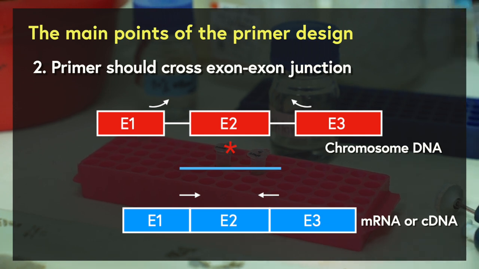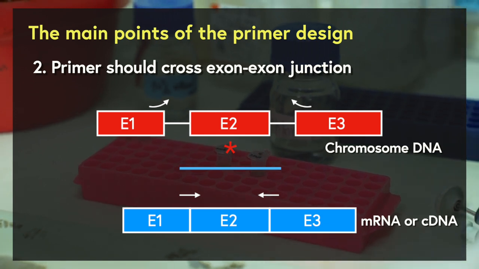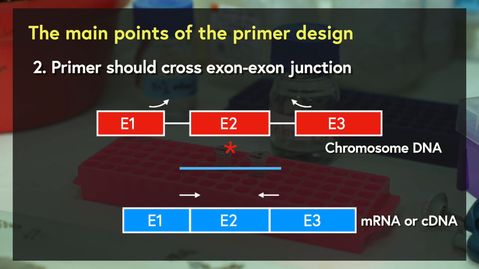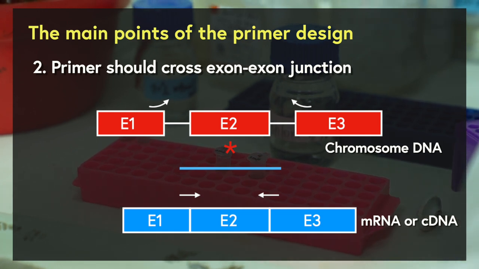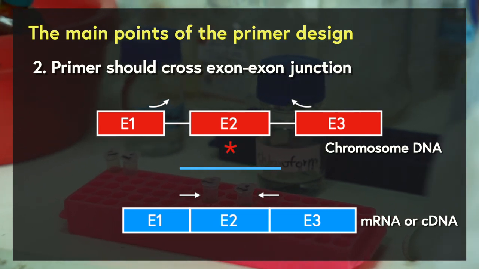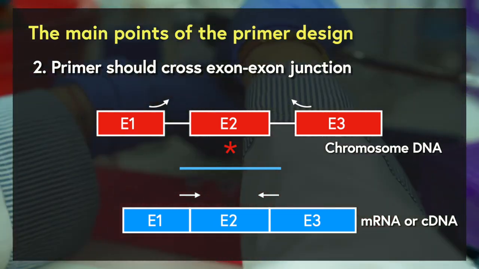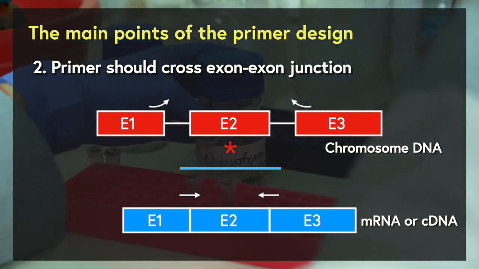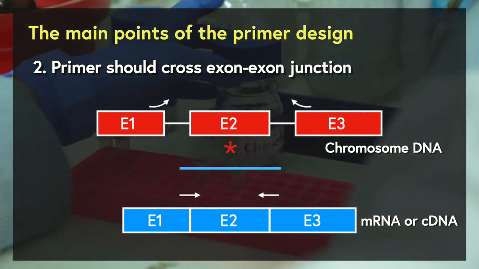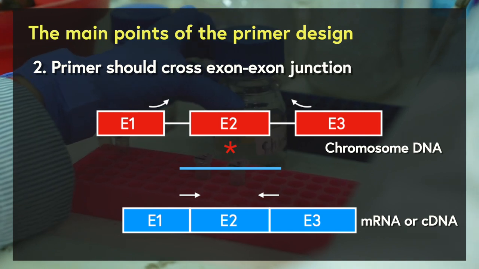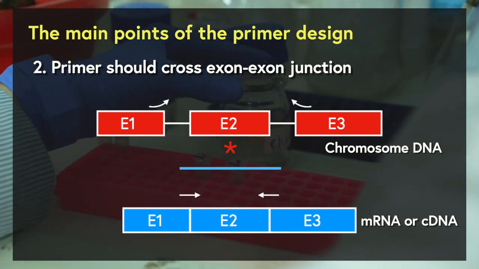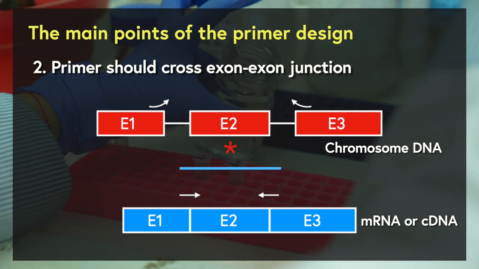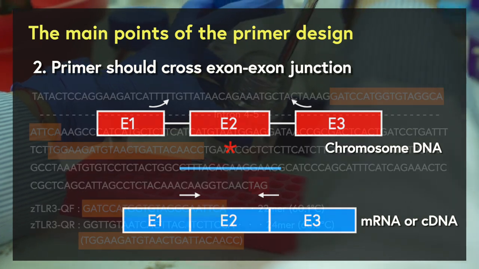In this case, only the primers that you design across exon-exon junctions can properly bind to the messenger RNA or to the cDNA generated from messenger RNA, but will not bind to your corresponding genomic DNA, which contains introns that interfere with the binding of the primer to exon 1 partially and exon 2 partially.